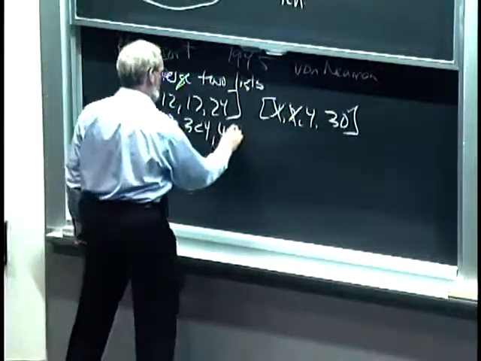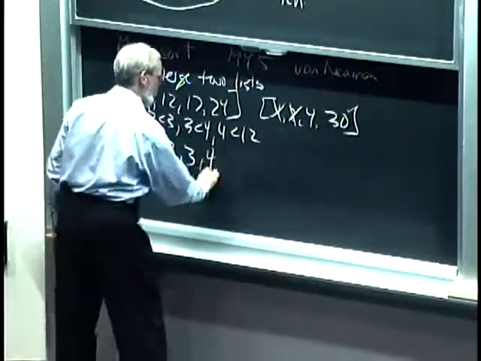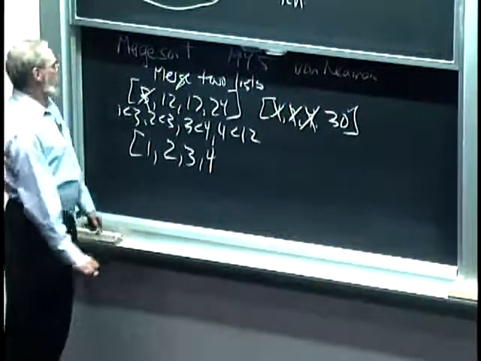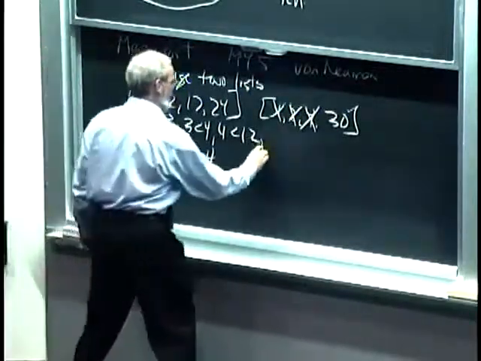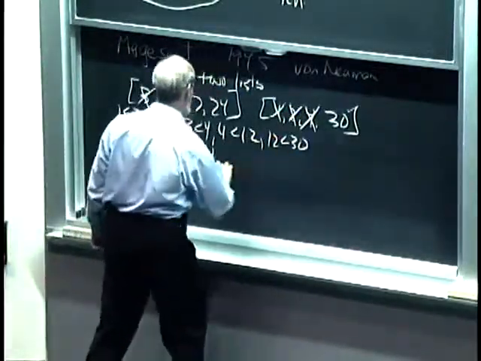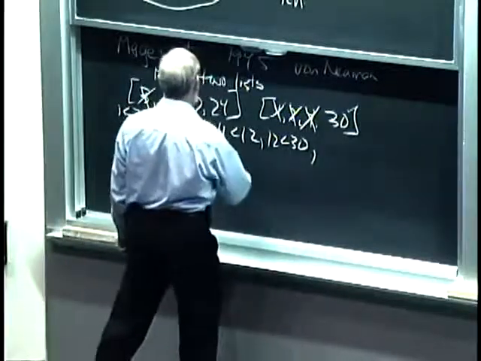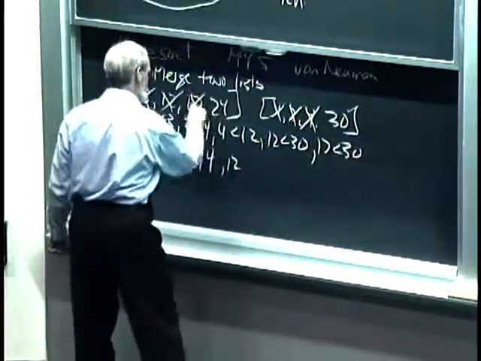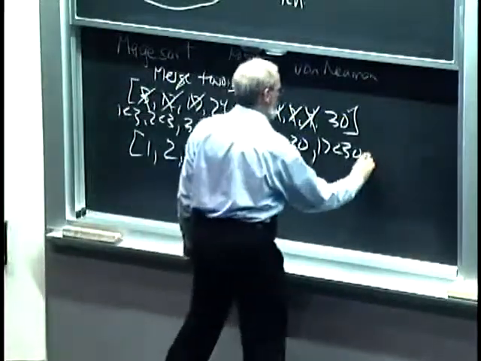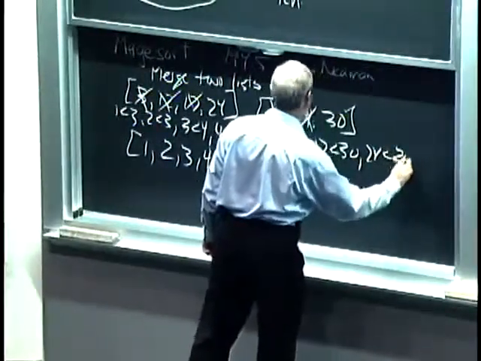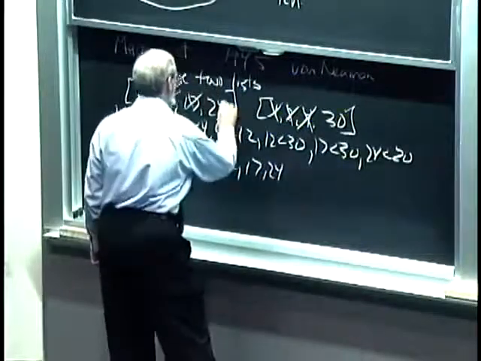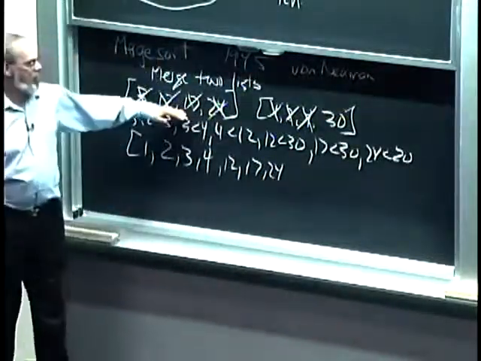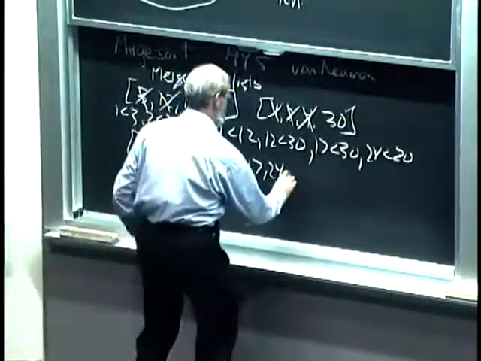Then I compare 4 against 12, which gives me 4. And then 12 against 30. 12 is smaller. Take that out. 17 against 30. 24 against 30. And by this stage, I've got nothing left in this one, so I just add the rest of that list in.